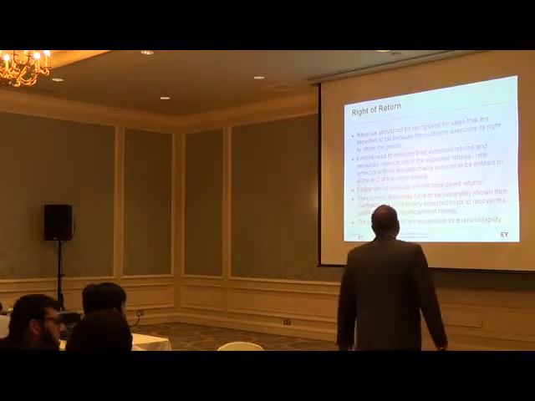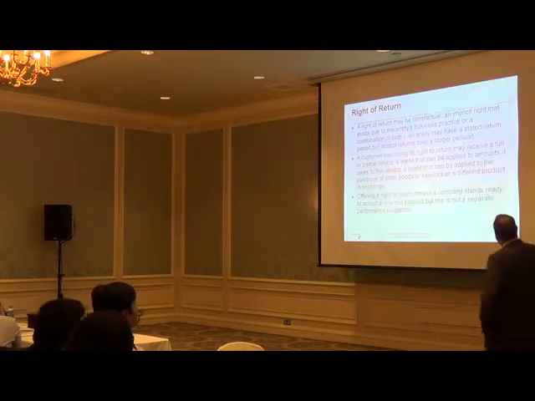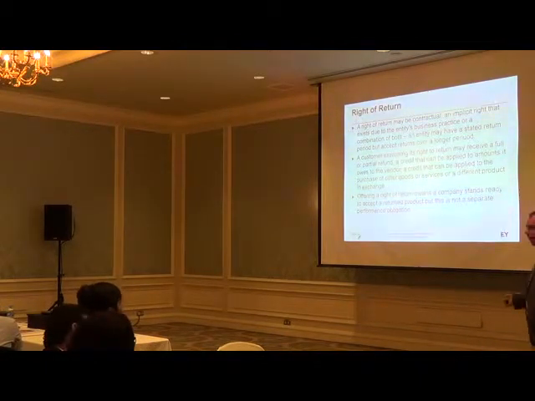Now, a right of return may be contractual, an implicit right that exists due to the entity's business practice, or a combination of both. An entity may have a stated return period but accept returns over a longer period. What does this mean?